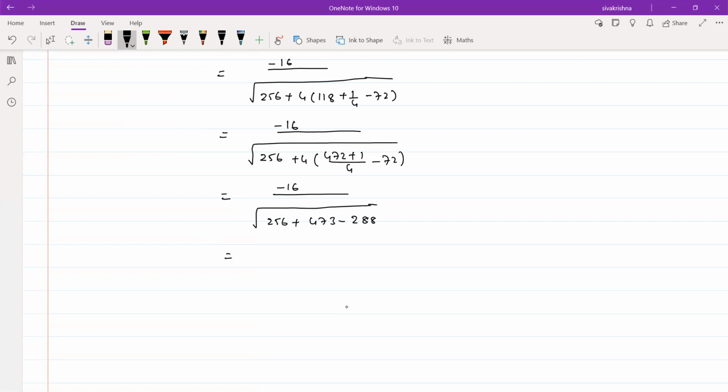On final simplification, we get minus 16 by square root of 441. This is the value of cos theta. If you want to write the angle, this implies theta is equal to cos inverse of minus 16 by root 441. In this way, we have to find the angle between the pair of planes.